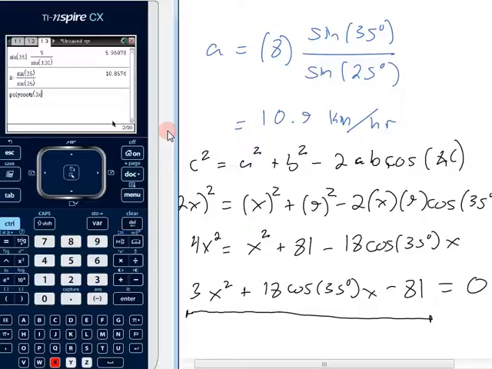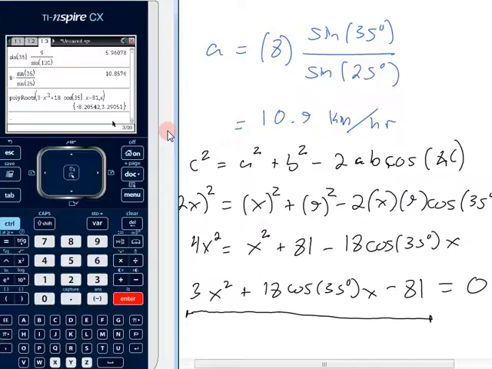So we'll have 3x squared plus 18 times the cosine of 35 degrees, and I know I'm already in degree mode, times x, take away 81. Then you press comma, and what you list is the variable in the expression, which would be x. So you just type x and close the brackets and press enter.